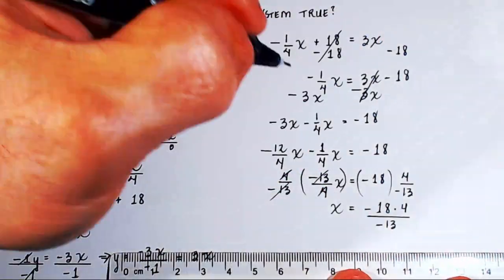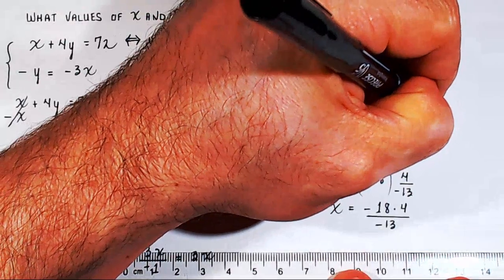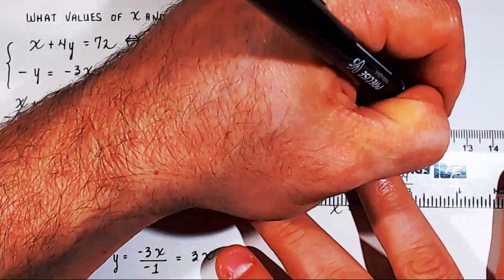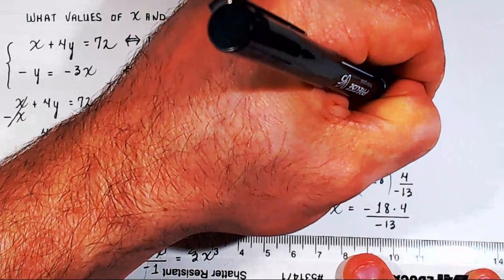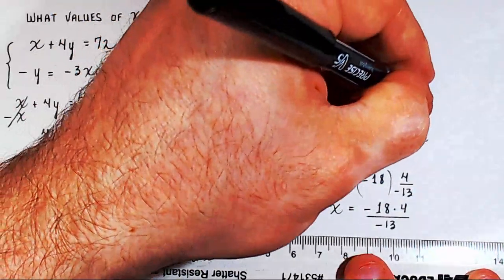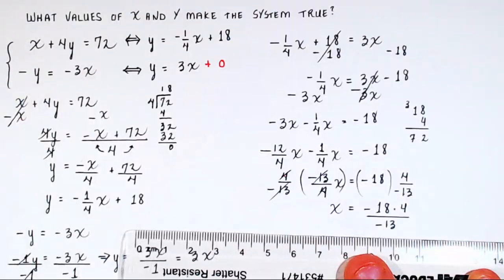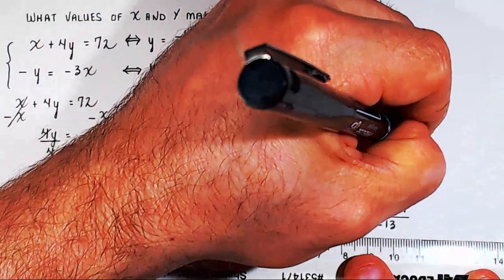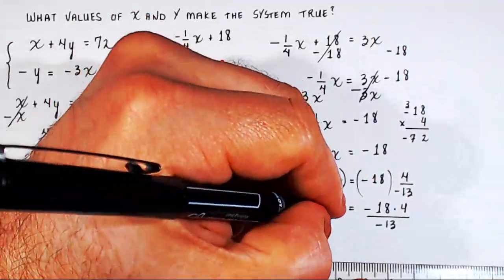Okay, well, what is 18 times 4? I need negative 18 times 4. So we'll do that math over here. 18 times 4. If you don't remember it from before, it's 8 times 4 is 32, carry the 3, because 8 times 4 is 32. I have 4 times 1 is 4, plus 3 is 7. 18 times 4 is 72, but remember it was negative 18 times 4, so I have negative 72. Okay, so we'll go down here.